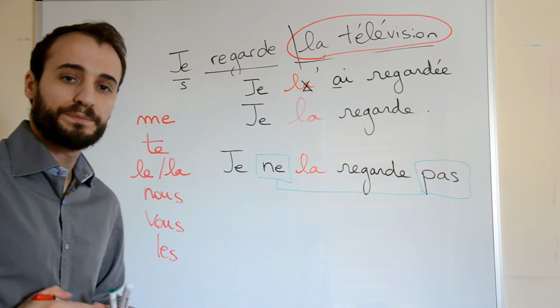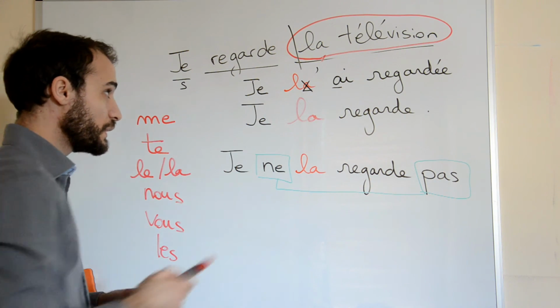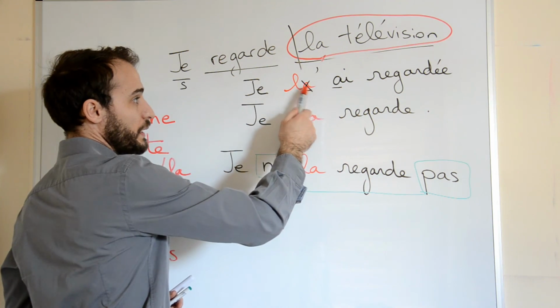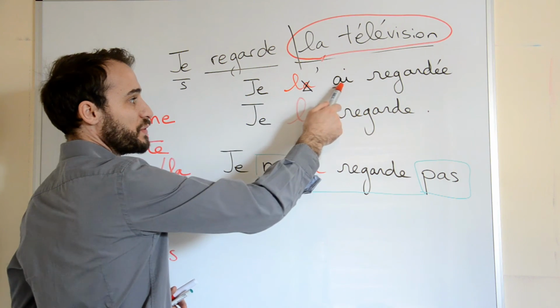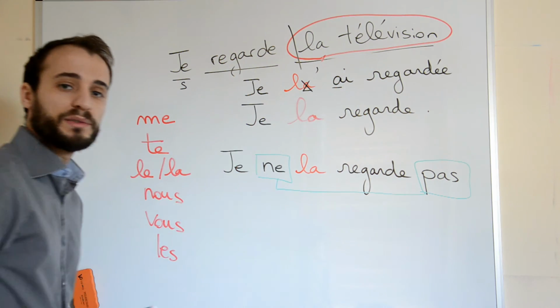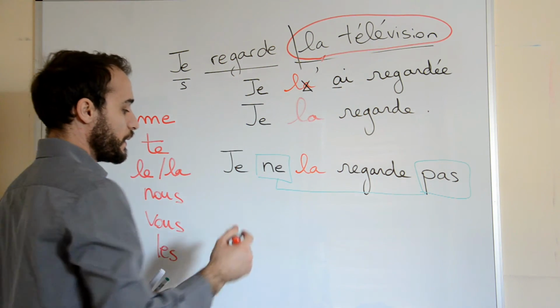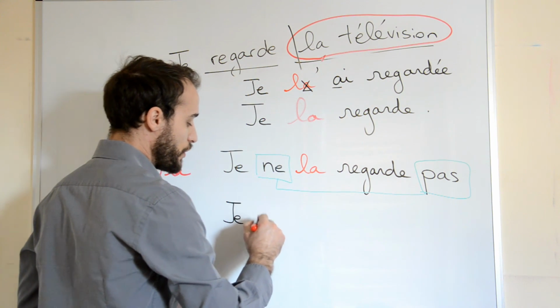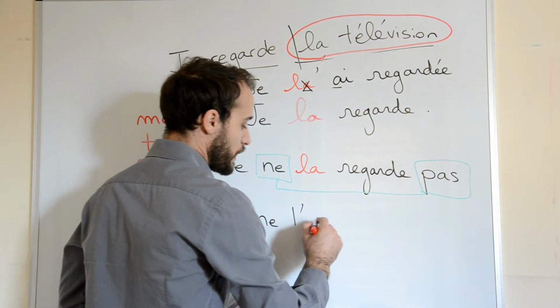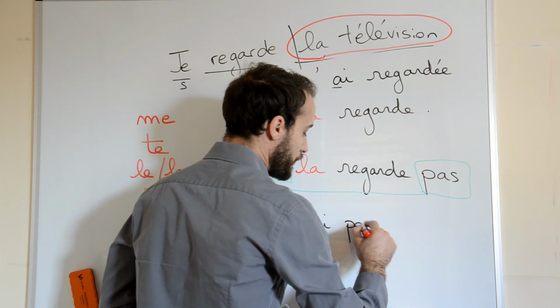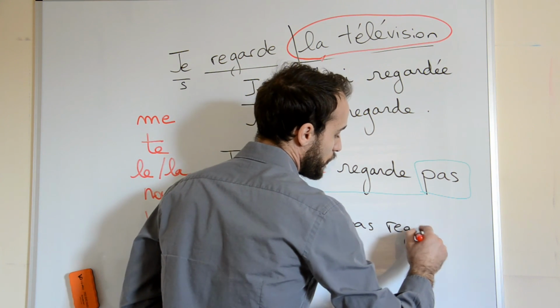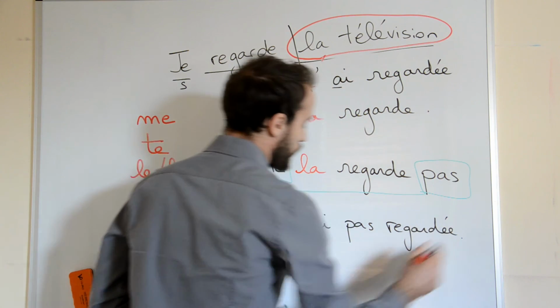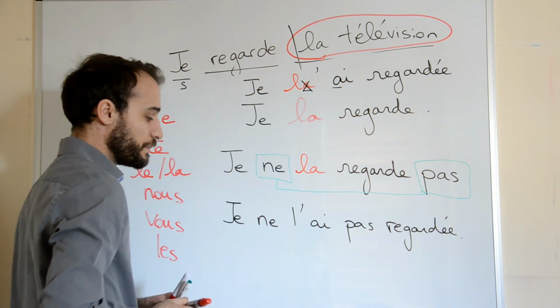I watched it. Okay? So be careful. L apostrophe for le and la if you have a vowel starting afterwards. So that will become je ne l'ai pas regardé. I haven't watched it.